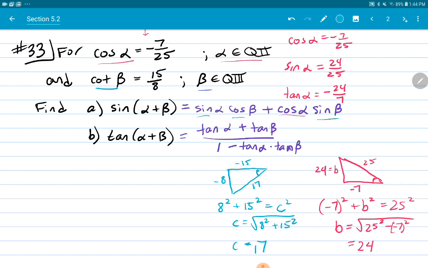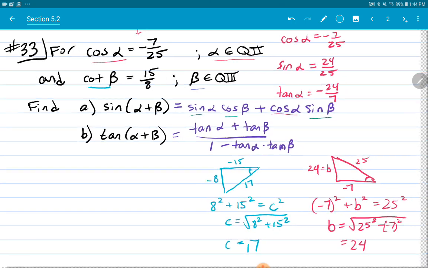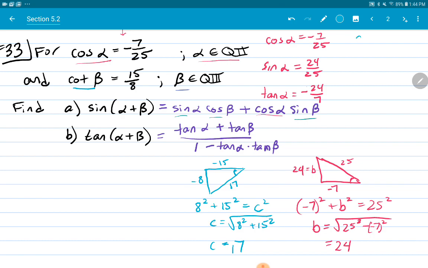All right, so now I can find everything I need about beta. Cosine of beta is adjacent over hypotenuse, so that's negative 15/17. And sine of beta is negative 8/17.